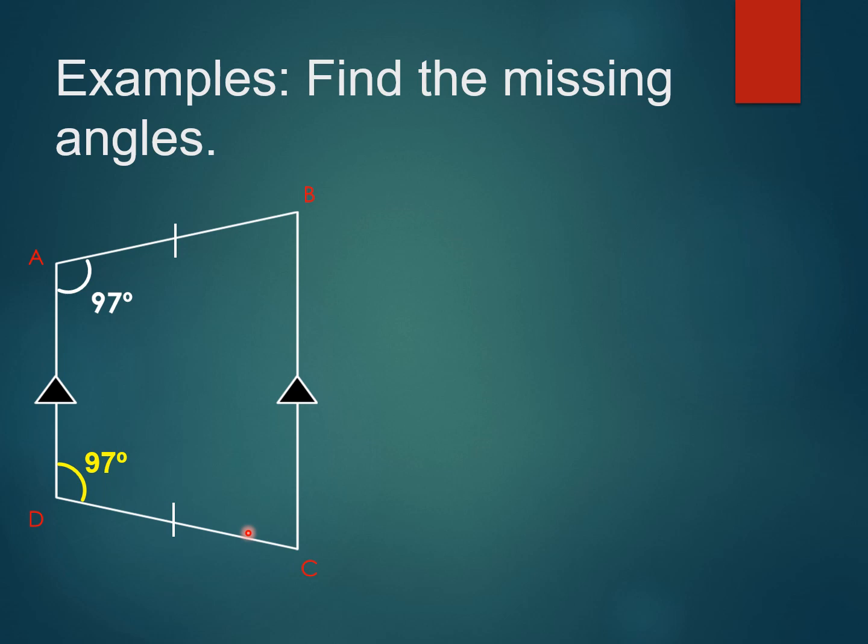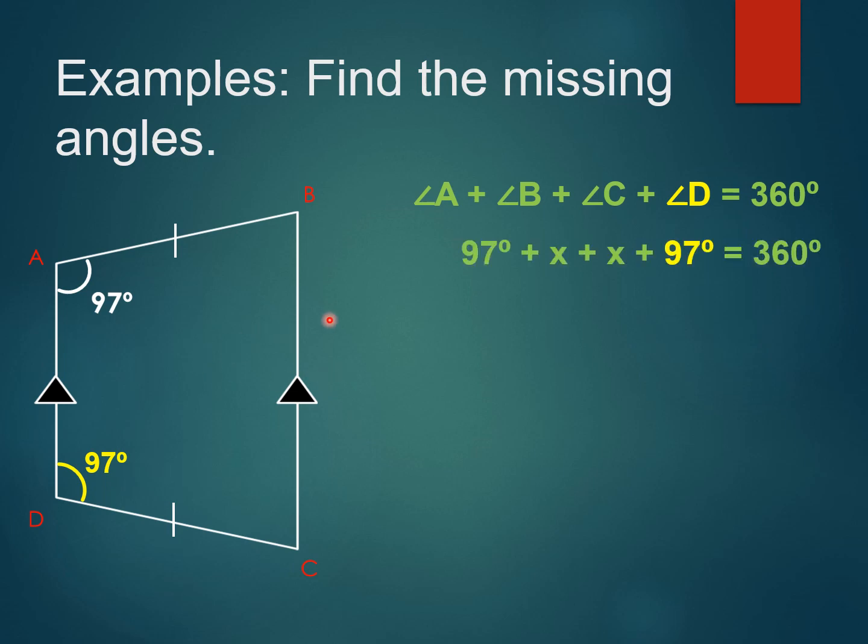We're going to substitute the known values into the formula. Angle A plus angle B plus angle C plus angle D is equal to 360 degrees. So angle A is 97 degrees, plus x, since we're going to represent angle B by x, and angle C also x, since these two are equal, so we can just use the same variable. And then plus 97 degrees for angle D, equal to 360 degrees.